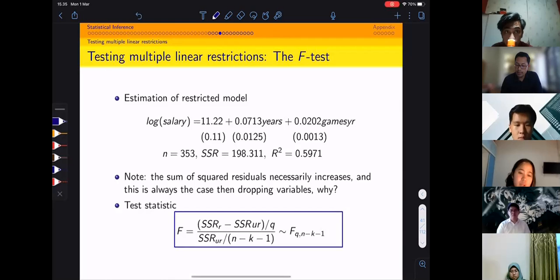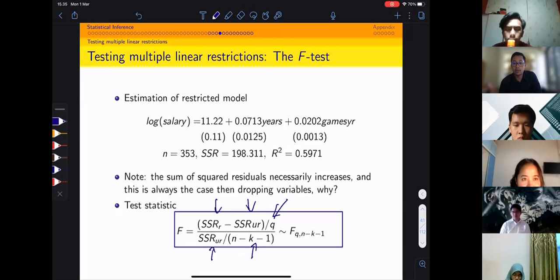It's going to be the sum square residual of the restricted model, which is the model above, minus the sum square residual of the unrestricted model, which is the model previously, divided by q, the number of restrictions, all divided by the sum square residual of the unrestricted model divided by the degrees of freedom for the denominator, which is n minus k minus 1.